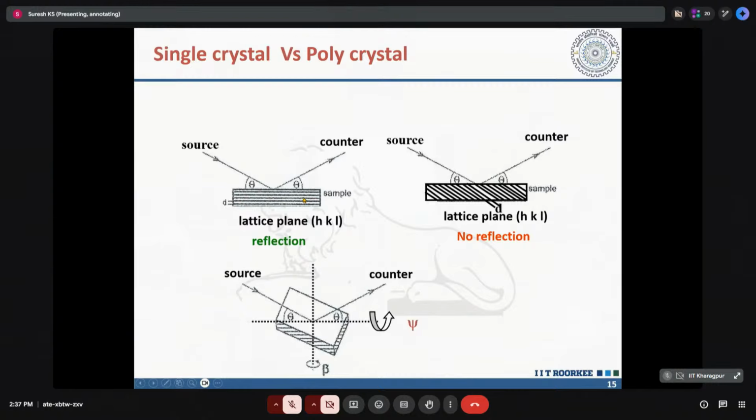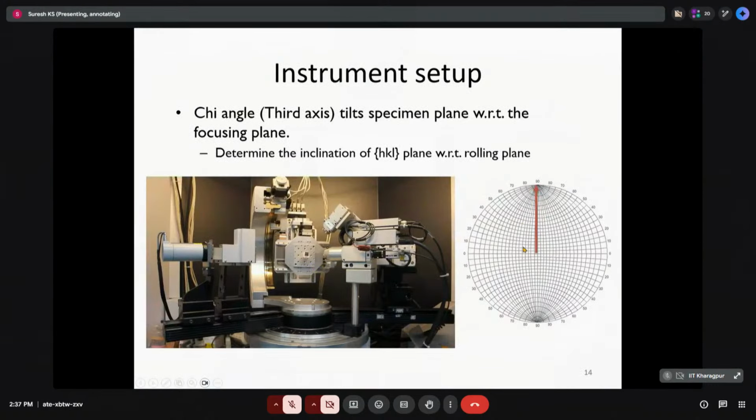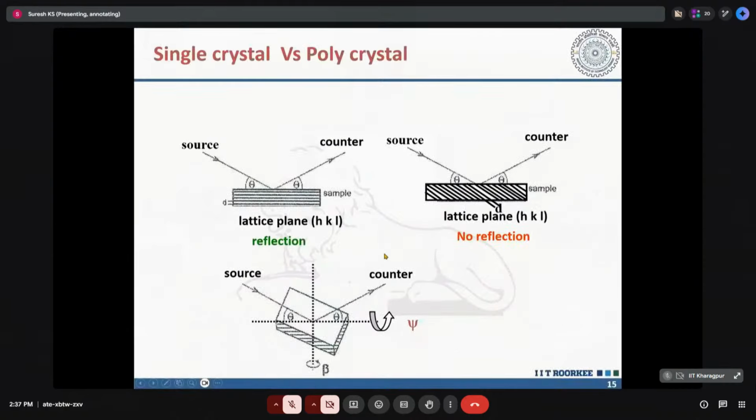But when we are dealing with a polycrystalline material, we will have multiple grains where the same 111 planes are tilted with respect to the sample surface: in some grains 5 degrees, in some grains 20 degrees, in some grains 30 degrees and so on. So the idea for this tilting is to bring those grains, which have their 111 planes tilted with respect to the sample surface, into the diffraction condition.